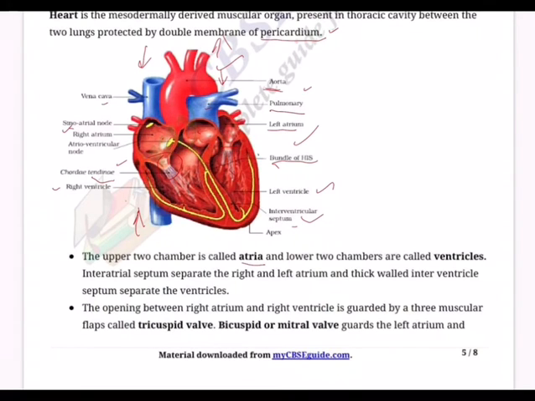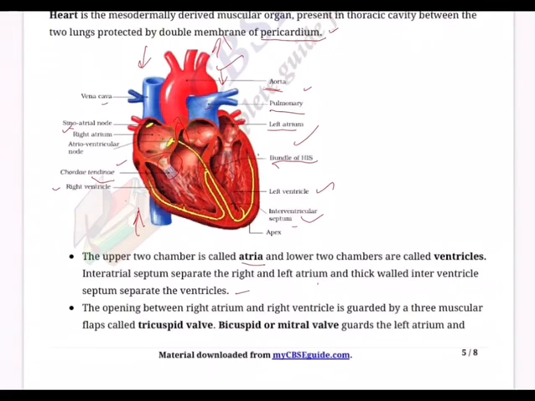The intra-atrial septum: a septum is a muscular wall that separates two chambers. This separates the right and left auricle, as you are seeing in the picture, and the thick-walled interventricular septum separates the ventricles. So this is one septum, and this is another septum that separates auricles and ventricles.